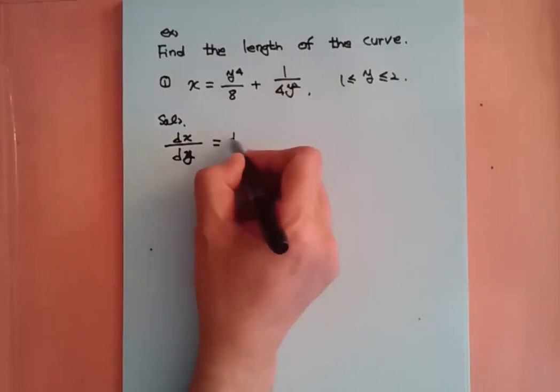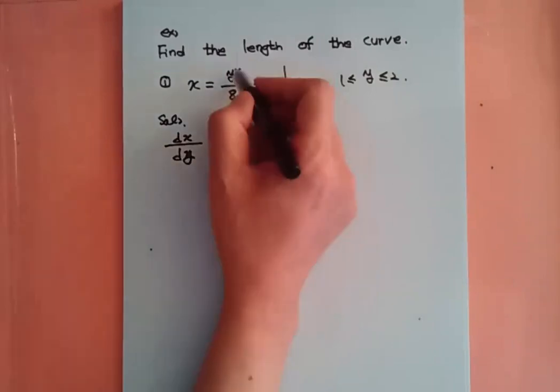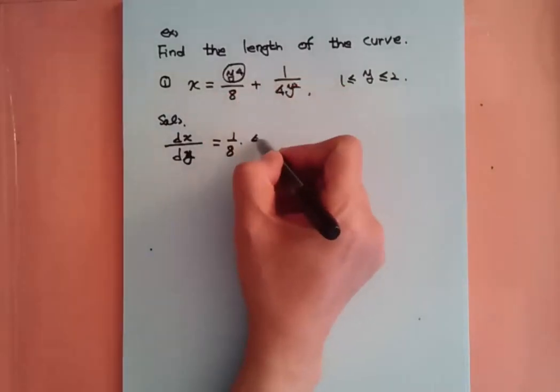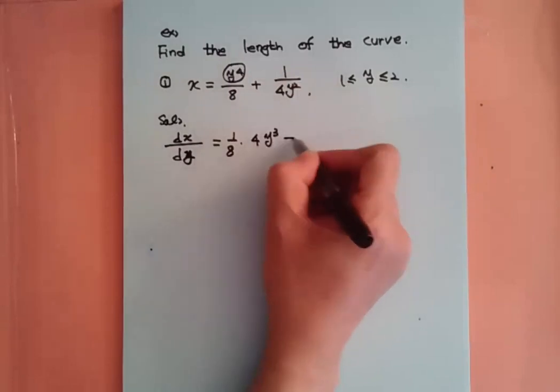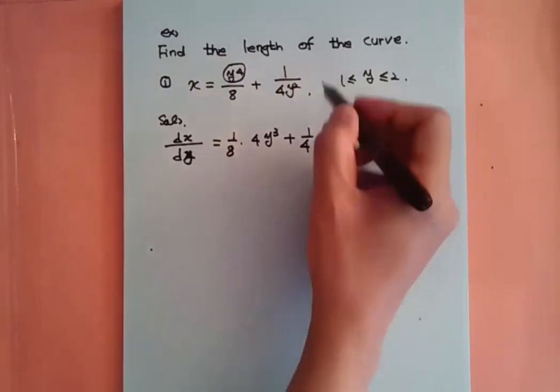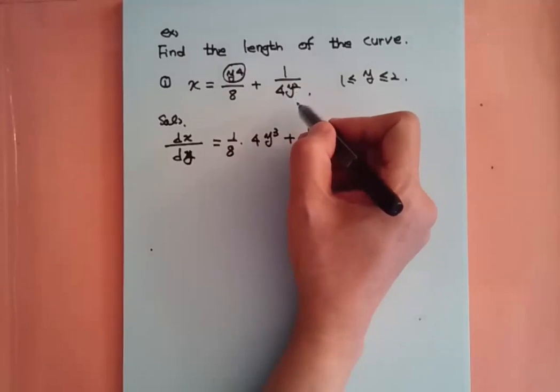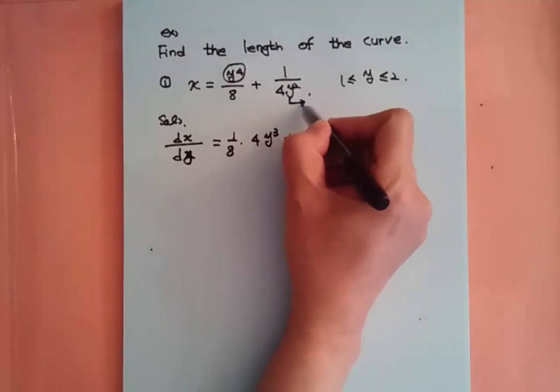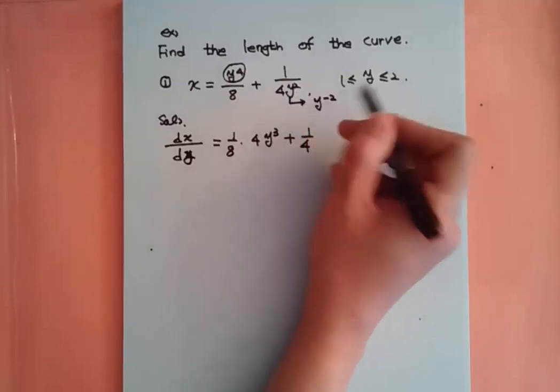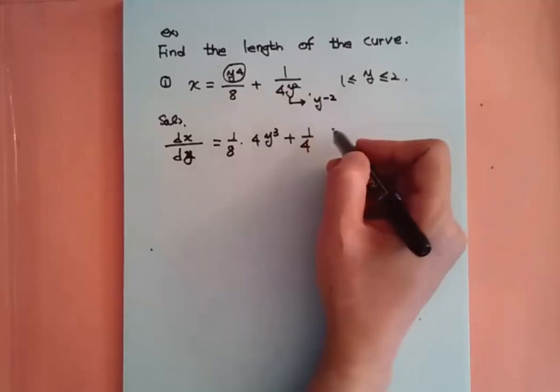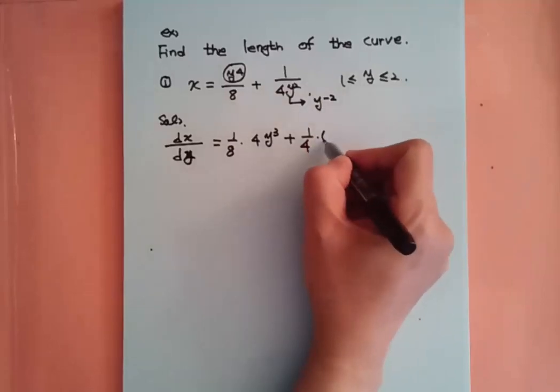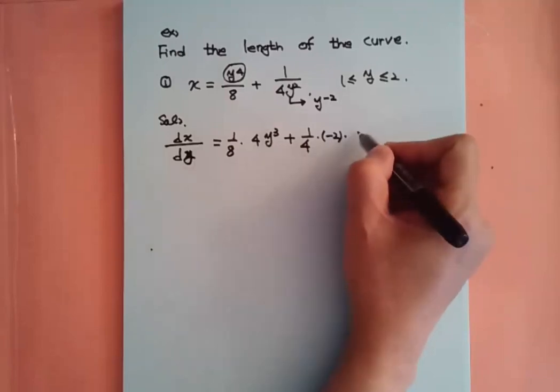So that is 1 over 8 times, for this part, 4y cubed, plus 1 over 4. This can be written as y to the negative 2 power, so minus 2 times y to the negative 3 power.